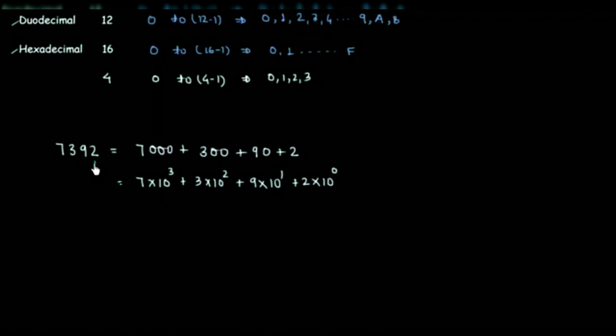The weight of this position is 10 raised to power 0. The weight of this position is 10 raised to power 1. The weight of this position is 10 raised to power 2, and the weight of this position is 10 raised to power 3. Generally, the coefficients 7, 3, 9, 2 are written, and the power of 10 is determined by their position.